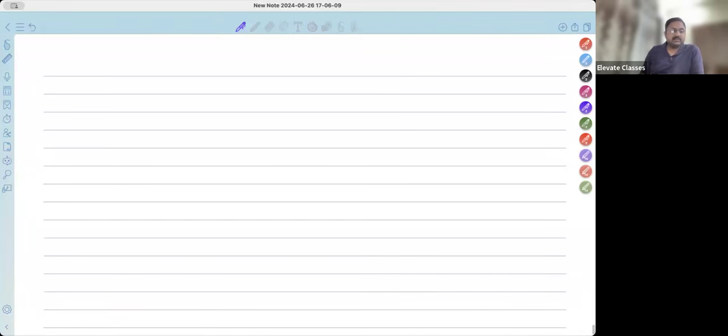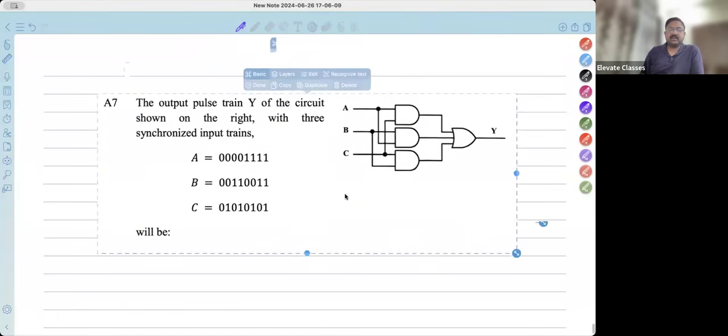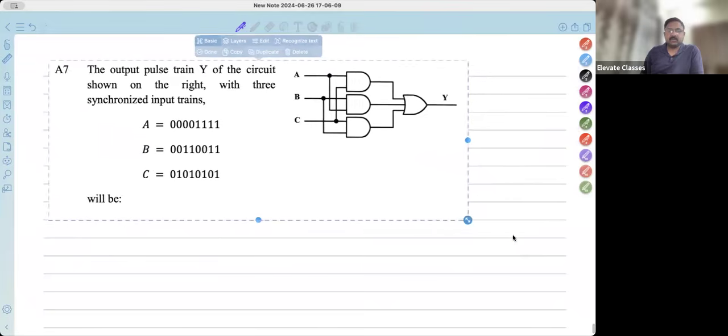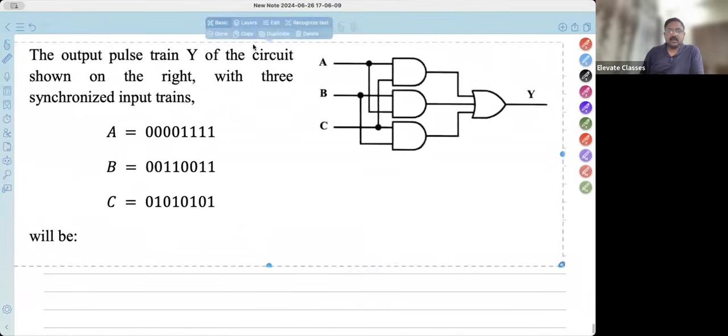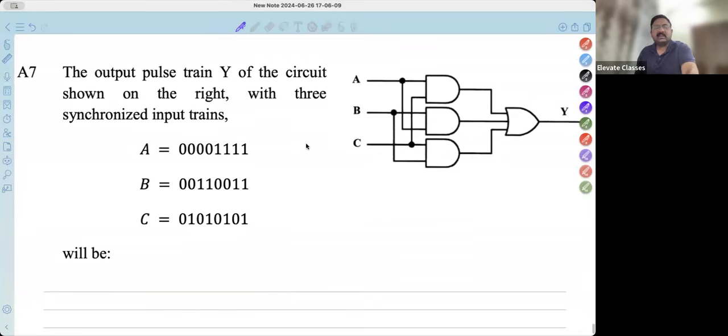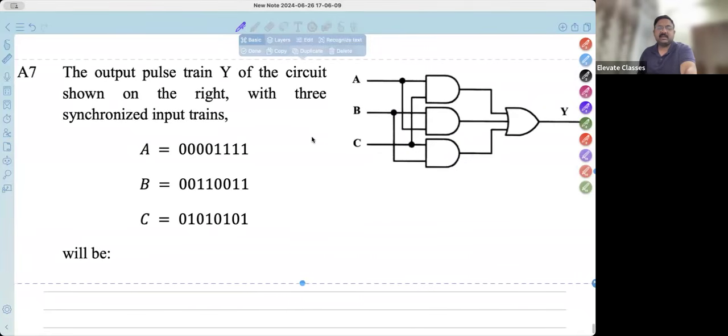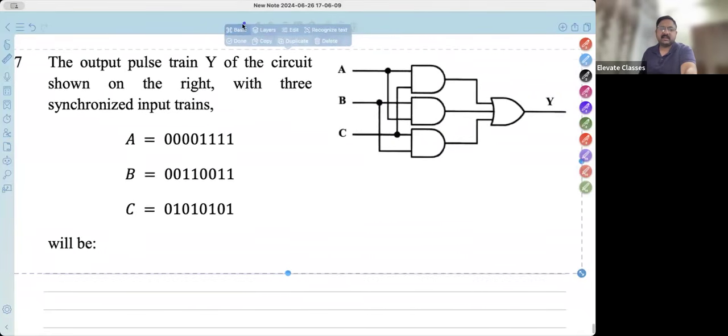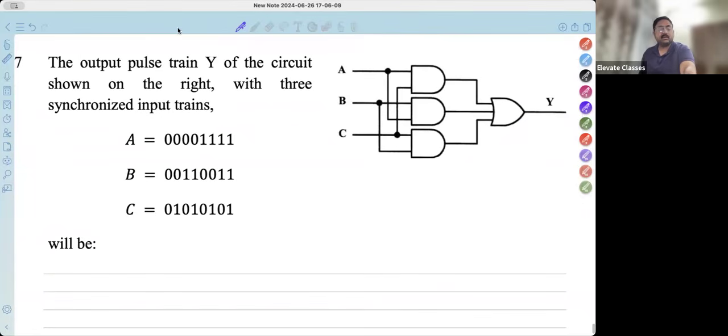So we'll just do one question from this TIFR exam, the December exam. I don't think we have solved this in our PYQ notebook, because this was a very recent exam. Now, there's nothing special about this question. It is a very basic question, nothing extravagant.